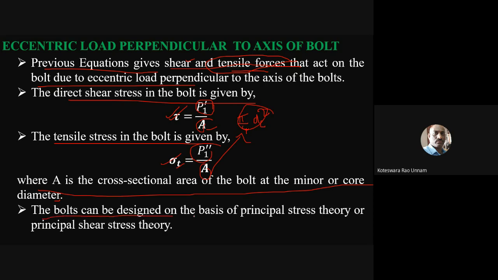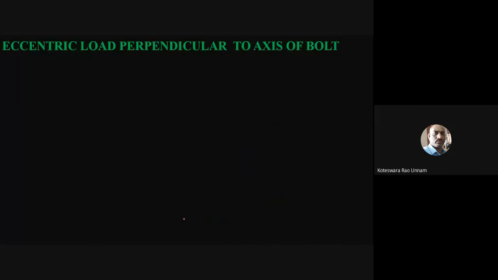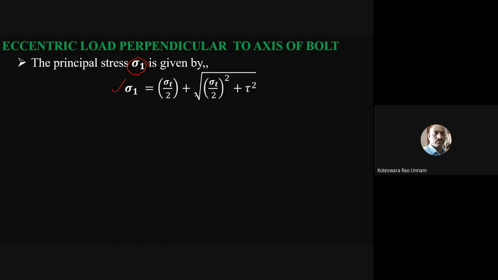The bolts can be designed on the basis of principal stress theory or principal shear stress theory. Like I already told you, the bolt can be designed either based on maximum principal stress theory or maximum shear stress theory. If I want to use principal stress theory, then we need to compute sigma 1. That sigma 1 is given by this relation. You have a tensile stress and you have a shear stress. We know the formula for sigma 1, that is sigma t by 2 plus square root of sigma t by 2 whole square plus tau square.